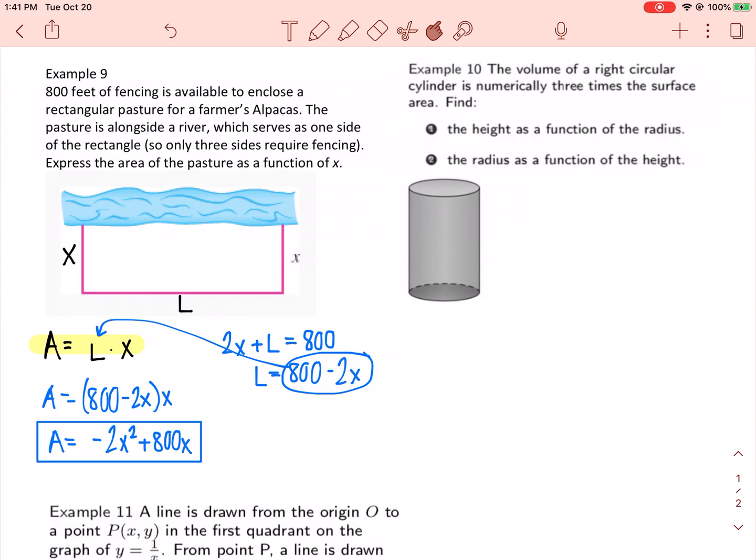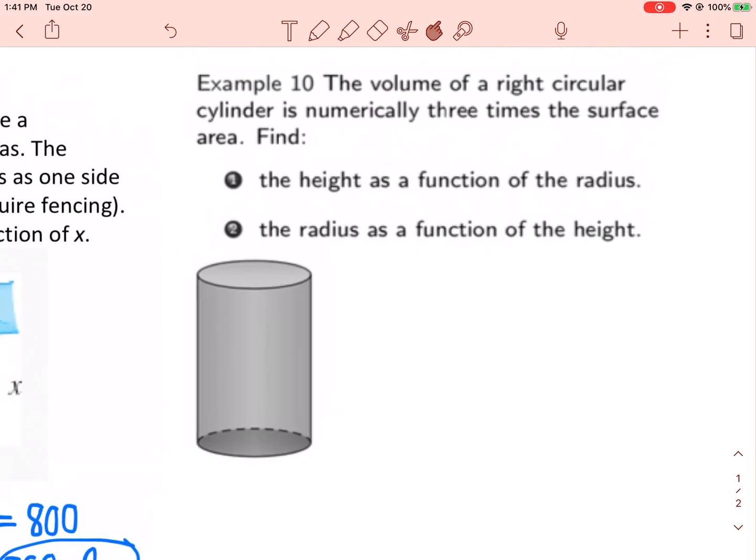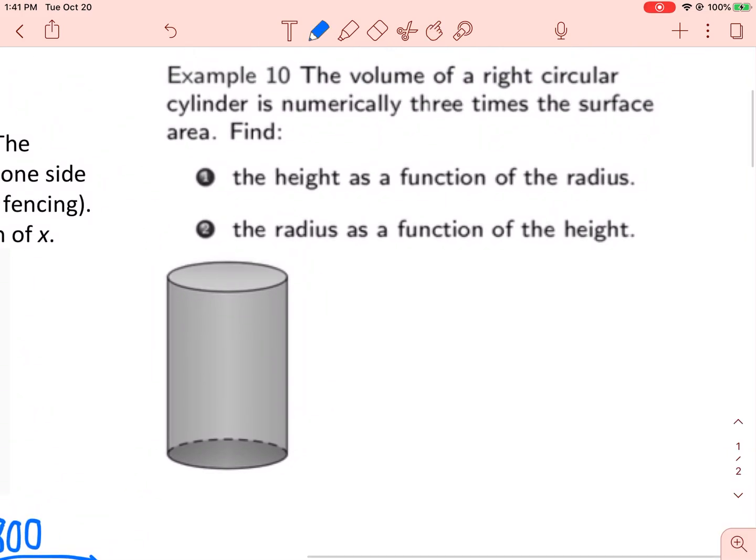Example 10. The volume of a right circular cylinder is numerically 3 times the surface area. Find first the height as a function of radius, and then 2, the radius as a function of height. So we're kind of flip-flopping what we're finding. First thing I care about is that it mentioned surface area and volume. Go back to the beginning of day 14 notes with all those formulas.